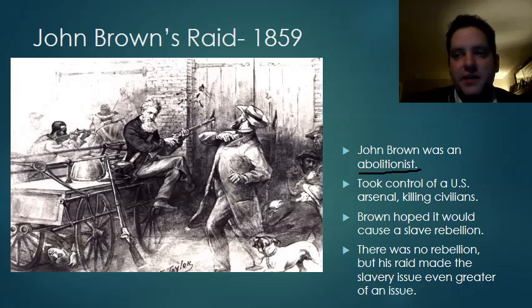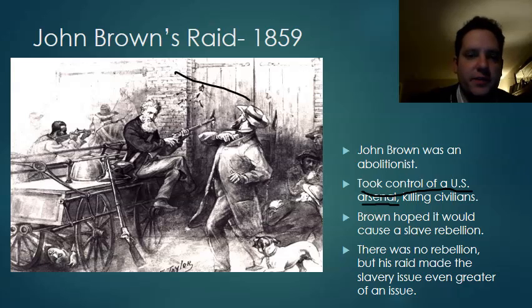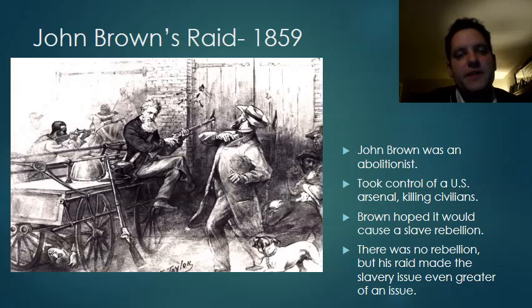So what he did with a group of men is he took control of a U.S. arsenal. This is the arsenal up here. See, he's shoving the gun in there. The arsenal is basically a building where the United States would store guns and gunpowder and cannons.